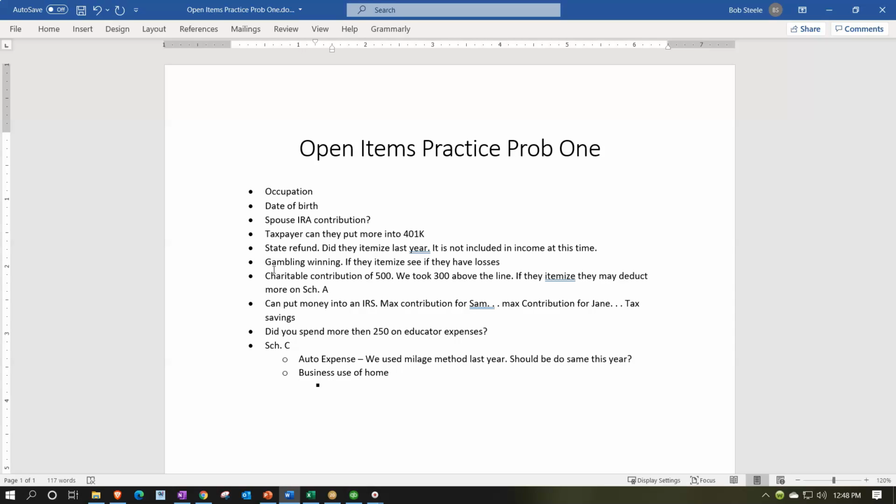And our utilities and repairs and maintenance on the home that we need to break out between business and personal. Looks like this is what we did last year, right?